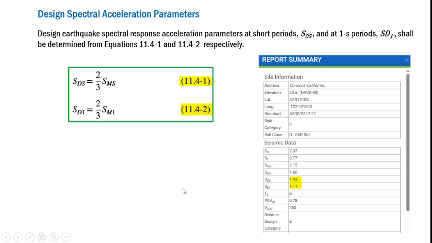So what does it mean? This means that the basic spectral acceleration parameters, namely SMS, SM1, SDS, and SD1, can be quickly obtained from the ASCE hazard tool once you know exactly the location of a place in the United States.